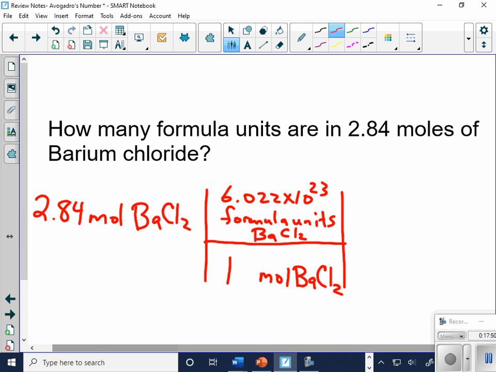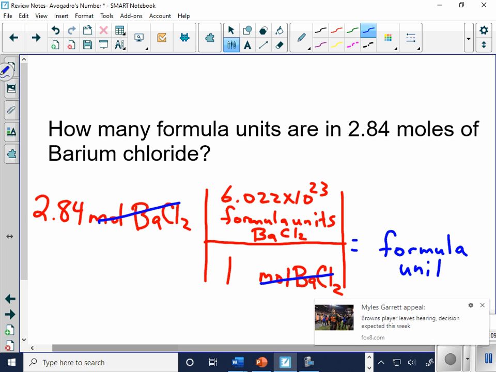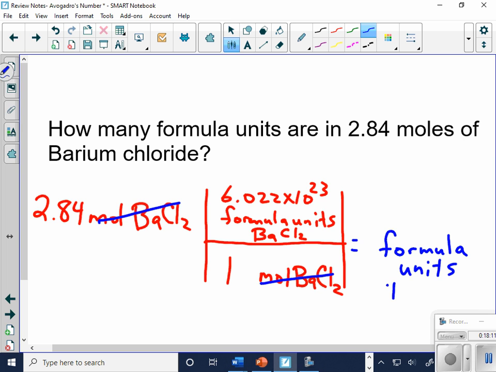Now, if I did it right, I have a mole of barium chloride over a mole of barium chloride. That equals 1, doesn't it? So that label cancels out. It's going to leave me with the label of formula units of barium chloride. Now, when I'm doing my math in my calculator, I am taking 2.84 and multiplying that by Avogadro's number.